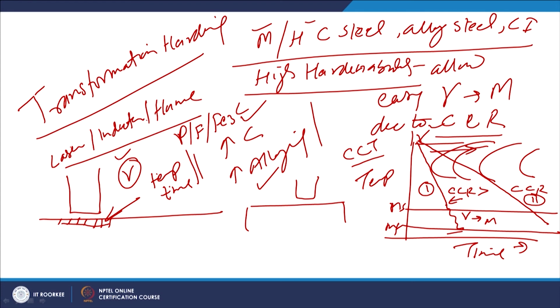The temperature must be sufficiently high, above the upper critical temperature, and it should be held at that temperature for sufficient time. Now, we will see what factors affect the austenitizing temperature, the temperature up to which the surfaces must be heated for homogeneous austenitic transformation.